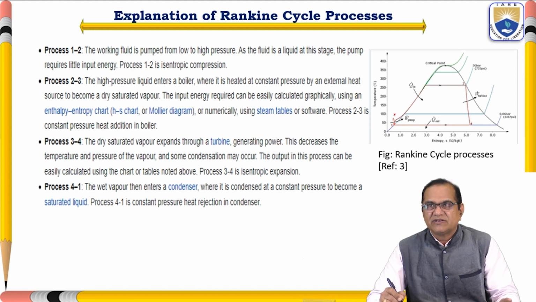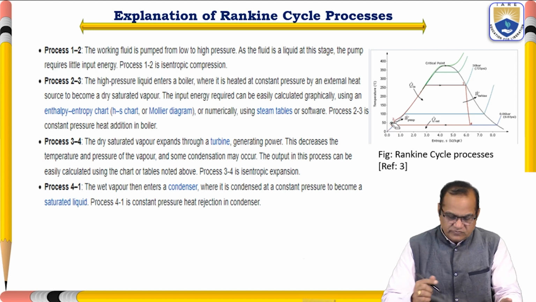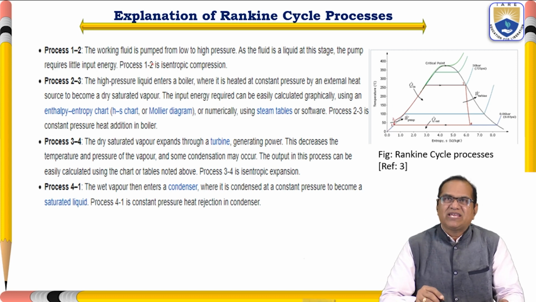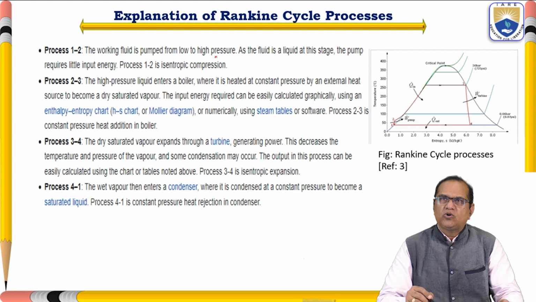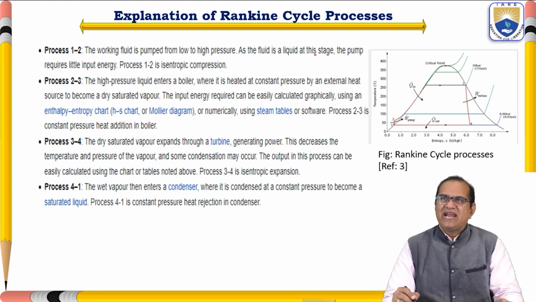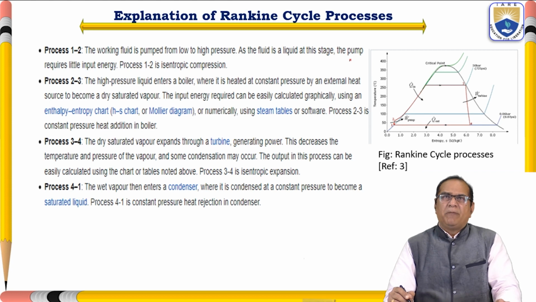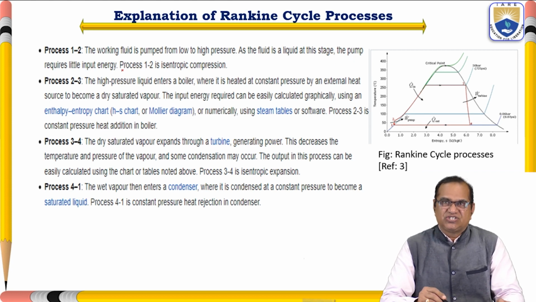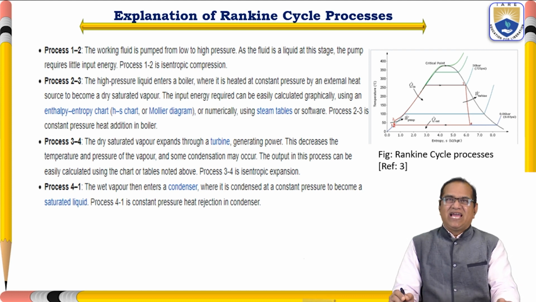As the fluid is a liquid, in this stage the pump requires little input energy. Process 1-2 is an isentropic compression, so here 1 to 2 is a vertical line on the entropy axis.